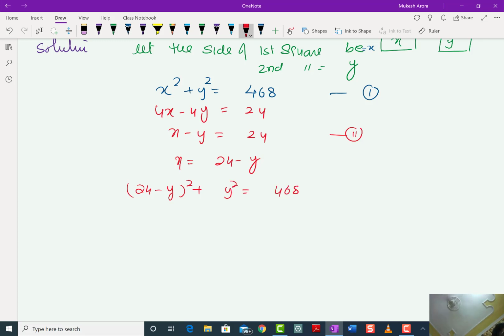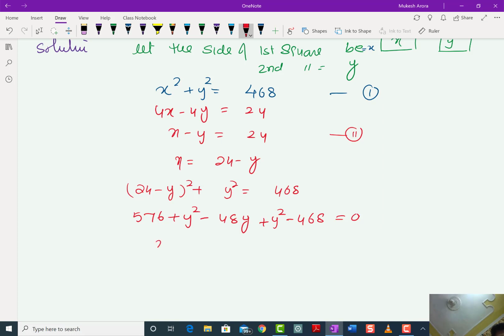So 24 square is 576 plus y square minus 48y plus y square minus 468 is equal to 0.